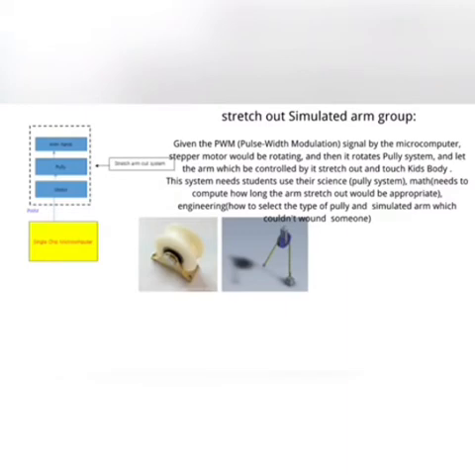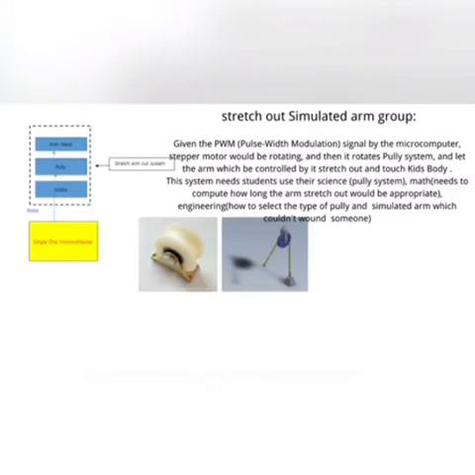Now the last group, the simulated arm stretching out group. This group also needs a single-chip microcomputer. Given the signal by the microcomputer, a step motor or electric motor would rotate, and then it rotates a pulley system and lets the arm controlled by it stretch out and touch the kid's body.